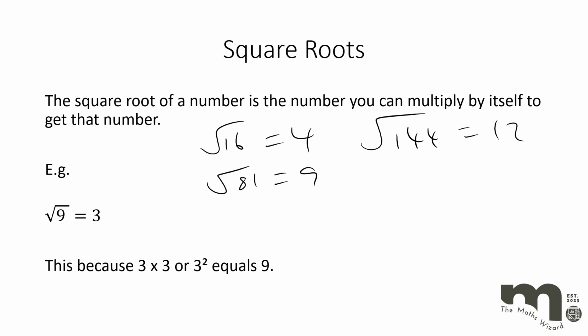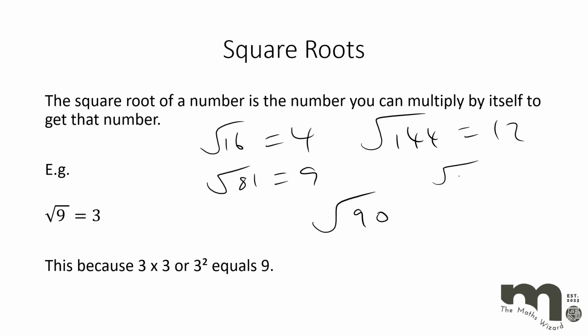Now, you can square root other numbers that are not square numbers, but what that means is you will get a decimal number for your answer. This will come up when you look at Pythagoras, where you'll get decimal answers quite often. For example, if you were to square root 90, you would get a decimal somewhere between 9 and 10.